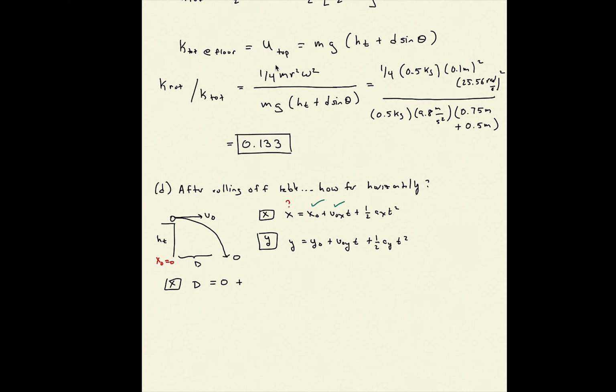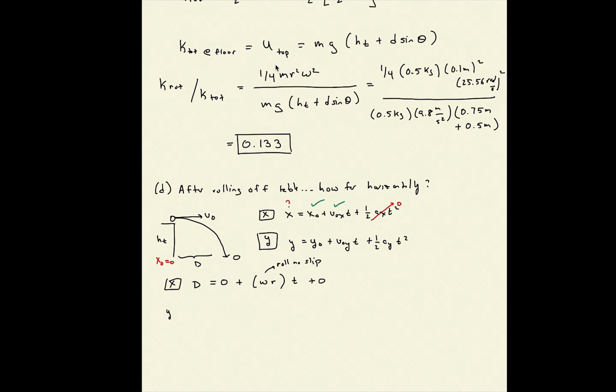V naught x is the speed coming off the edge of the table, and that is the spinning rate times the radius, because it's rolling without slipping. Roll, no slip. Then times time. And we know that the acceleration in the x direction is 0. So we're pretty much good to go there.